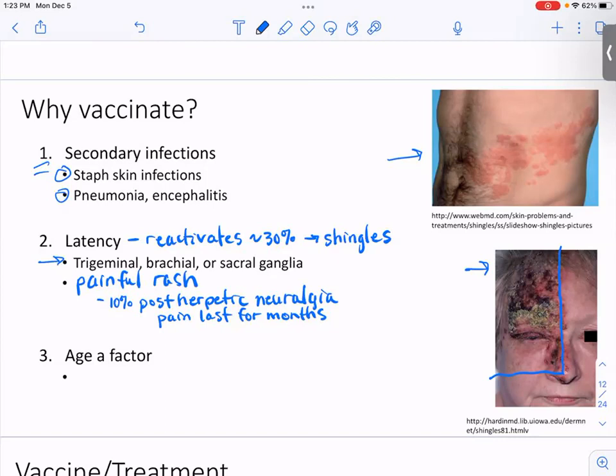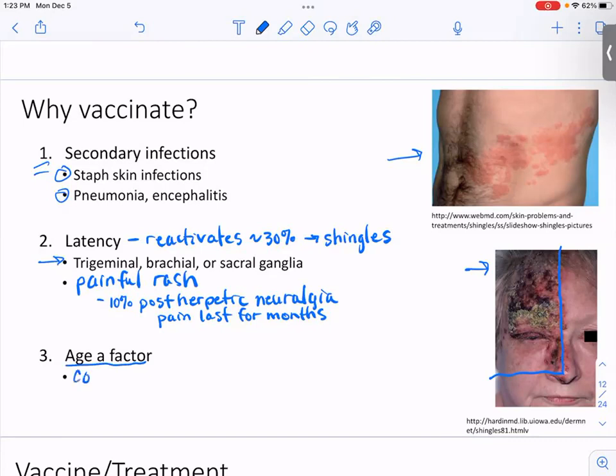Probably the strongest, and you can get shingles multiple times. Usually only once or twice, but sometimes people get it over and over again. Strongest reason, though, to vaccinate for chickenpox, age is a factor when you contract chickenpox.